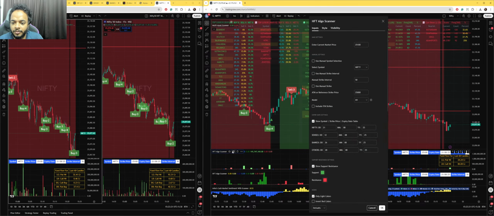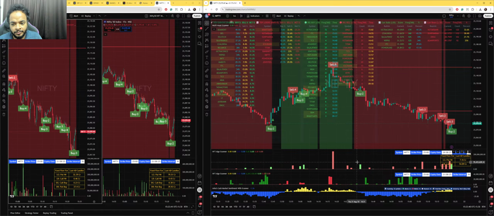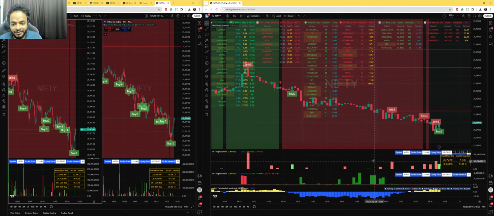Let's also have a look at what is happening in the next expiry, the monthly one. So it's 28. Next, in the monthly one, there was selling in model 1.